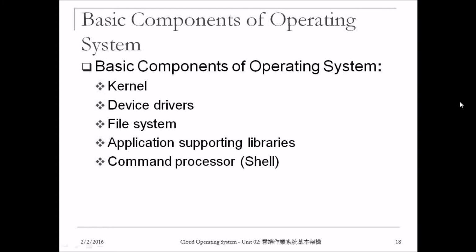Now, we introduce the basic components of the operating system. Similar to the traditional operating system, the operating system should include several basic components. The first is the kernel, which has the main responsibility to deal with the computing job.